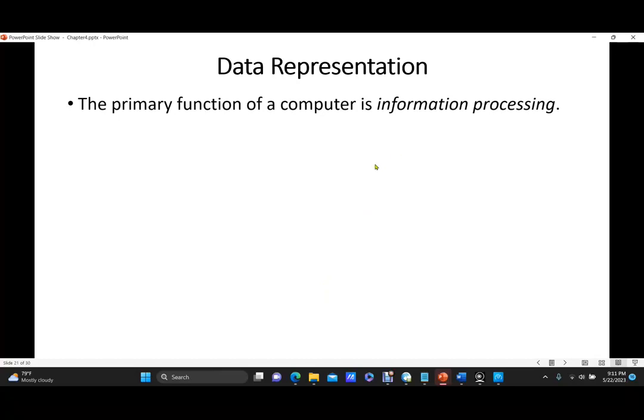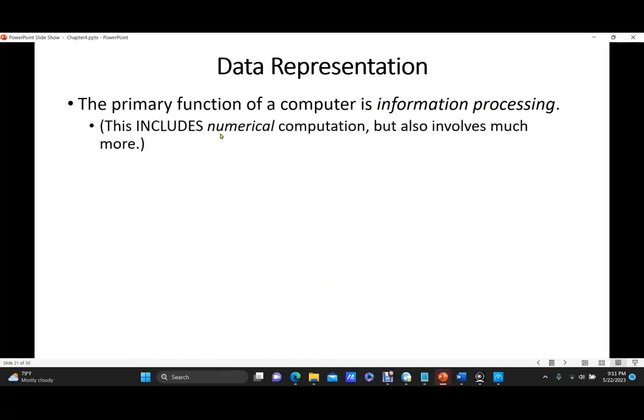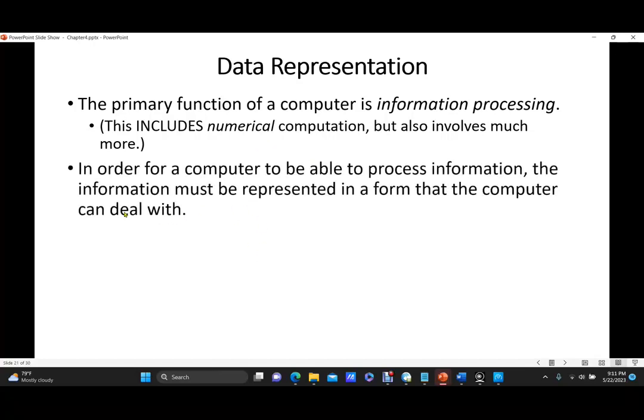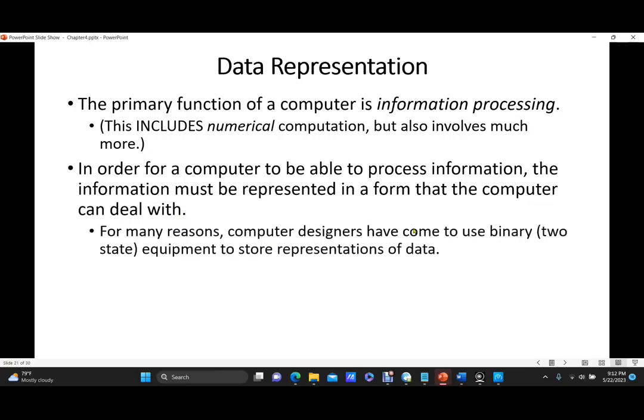The primary function of computers is information processing. That does include numerical computation, but a lot of other things as well. In order for the computer to process information, the information has to be represented in a form that the computer can handle. That means binary format.